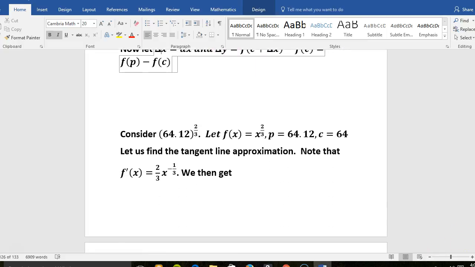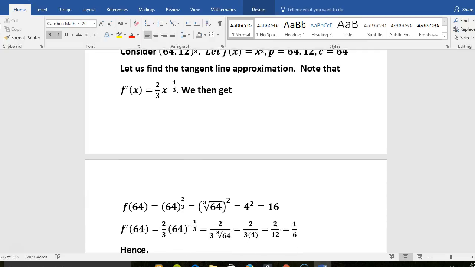Now, again, we had this example. P was 64.12. We let f of x equal x to the 2/3. We did our f prime, and we threw 64 into f, we got 16. Throw 64 into f prime from the last video, we got 1/6. That's all well and good.